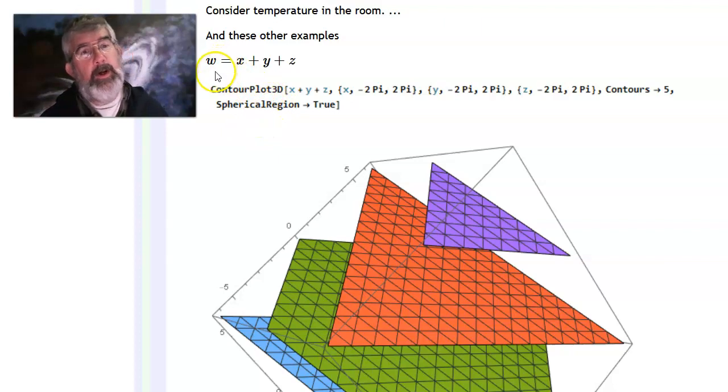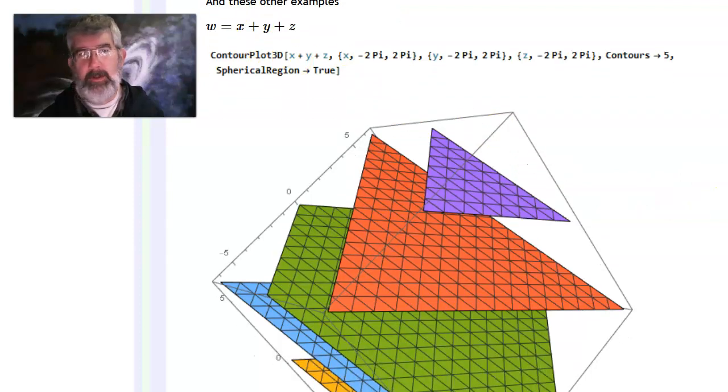So when I'm talking about contours or level surfaces, I'm saying pick a value of w and see what it has for a graph. So for instance, if w equals 0, I'm looking at 0 equals x plus y plus z. This is a plane through the origin with normal vector 1, 1, 1. So I believe in this picture down here, that's the green plane.